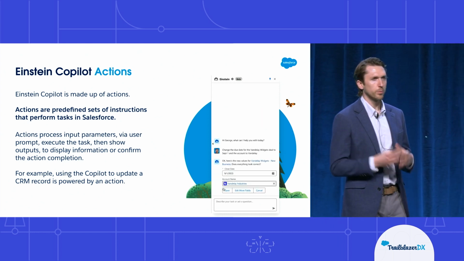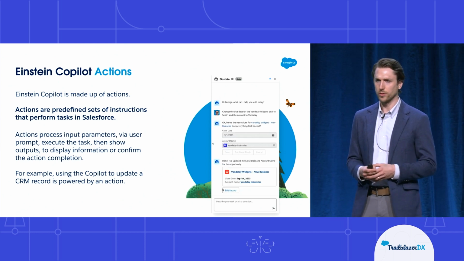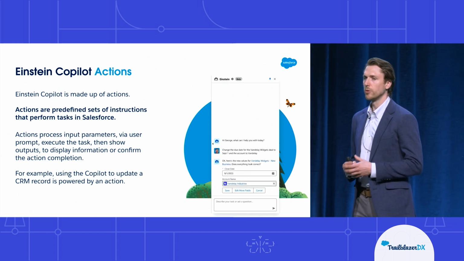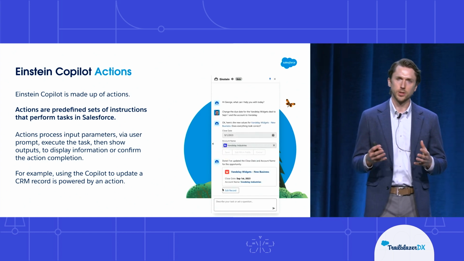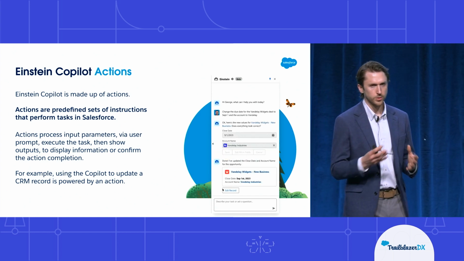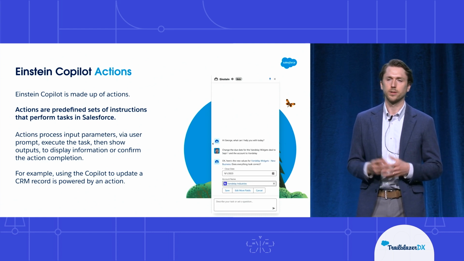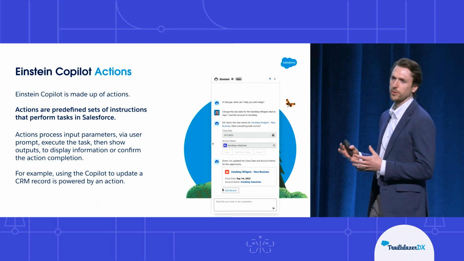Actions are predefined sets of instructions that perform tasks in Salesforce for your users. You can think about actions like a Salesforce invocable action, which can be invoked by the Copilot using just natural language. For example, if a user wants to update a Salesforce record, they might type a command like, change the close date of my opportunity to next Friday.